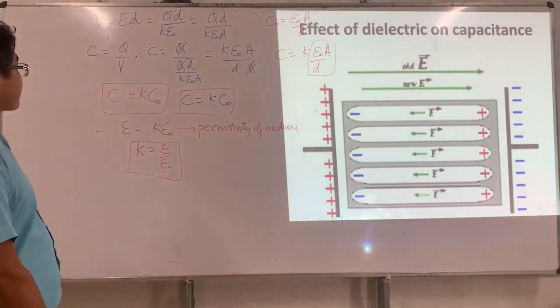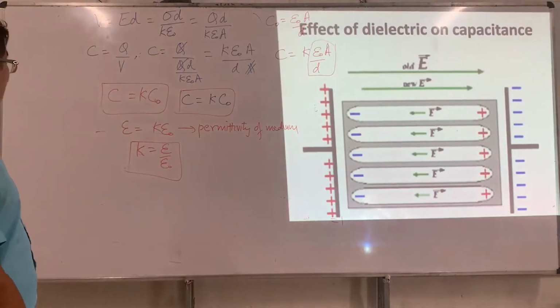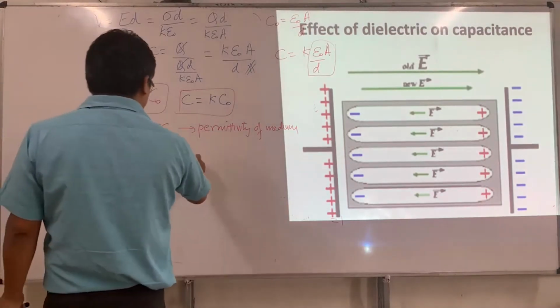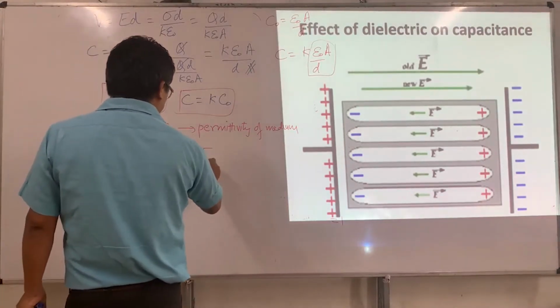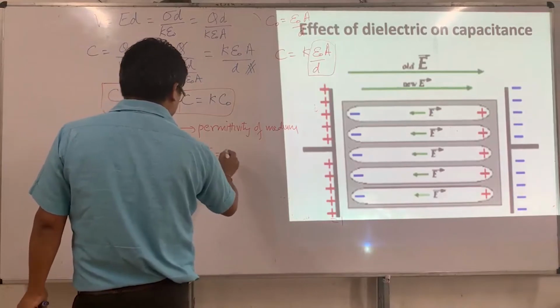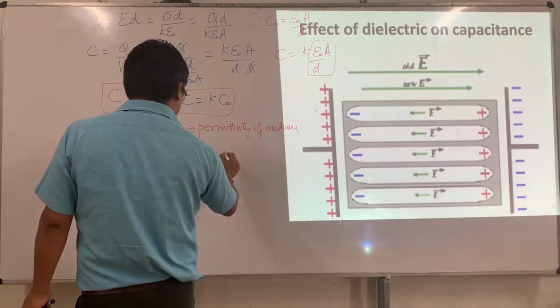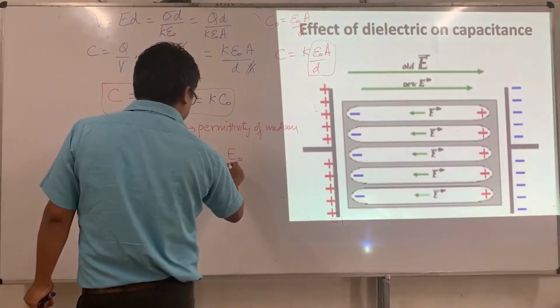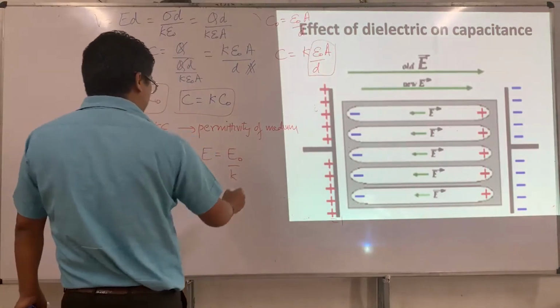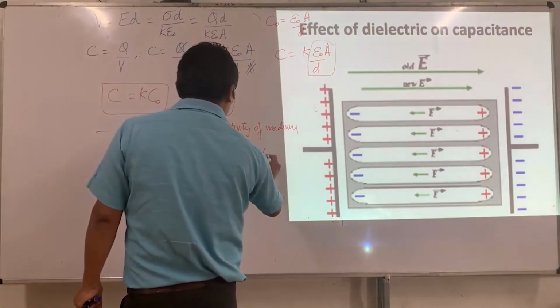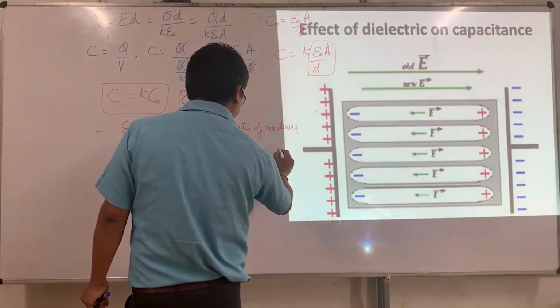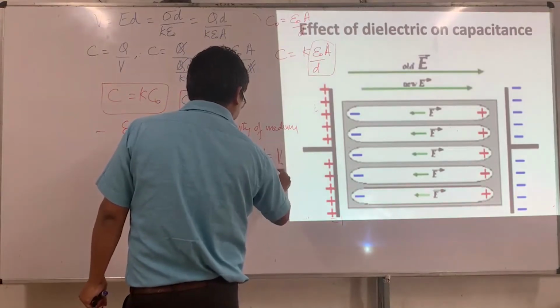Alright. Now look here. Once you get this, then the electric field would be equal to this, and the potential is going to be this.